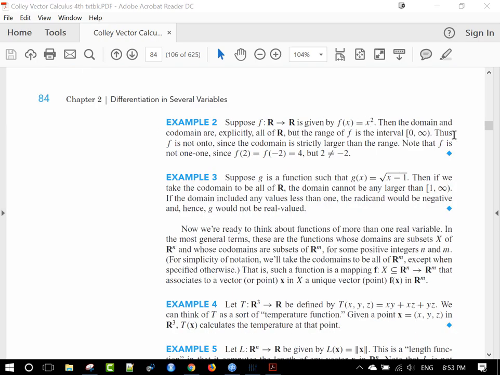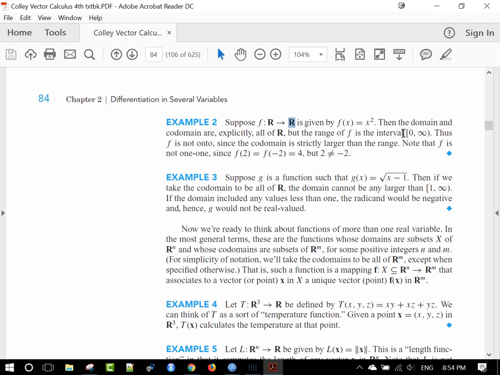Okay, let's take a simple example: f of x equals x squared, where the domain and the codomain are all of R. The codomain is all of R because that's what they said it was, but actually there's no y values that are negative. You never get a negative value from this, the outputs are never negative.